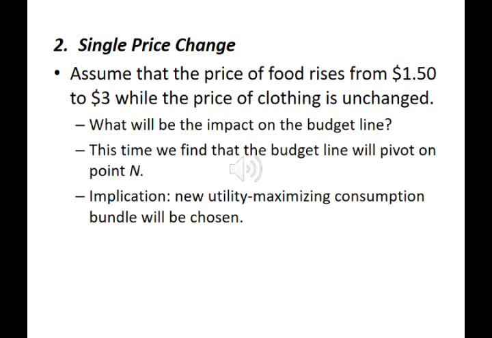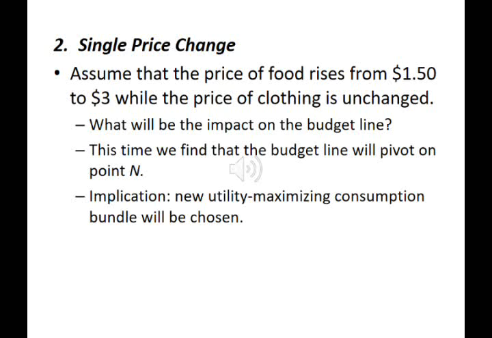If you recall, the horizontal intercept was equal to the income level of the consumer divided by the price of food, and the vertical intercept was equal to the income of the consumer divided by the price of clothes. So in our example, it is the price of food that has changed. Neither income nor the price of clothes has changed.